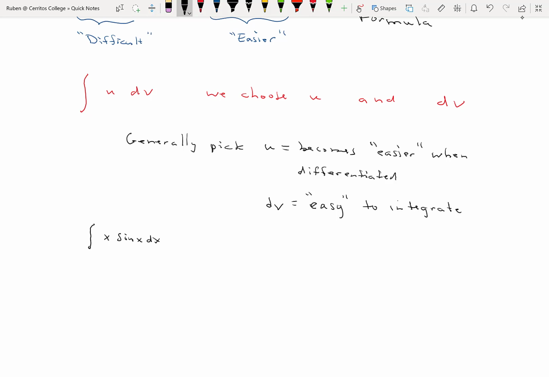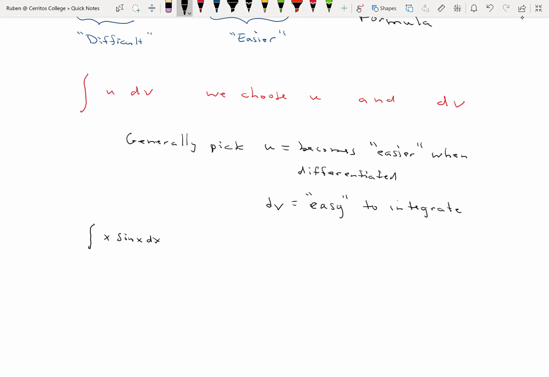So in this integral, if we're going to use integration by parts, we need to select something called a u and then something called a dv. Well, we really only need to choose one, because once we choose part of this integral as u, the rest of it has to be dv. So we choose u that becomes easier when differentiated.